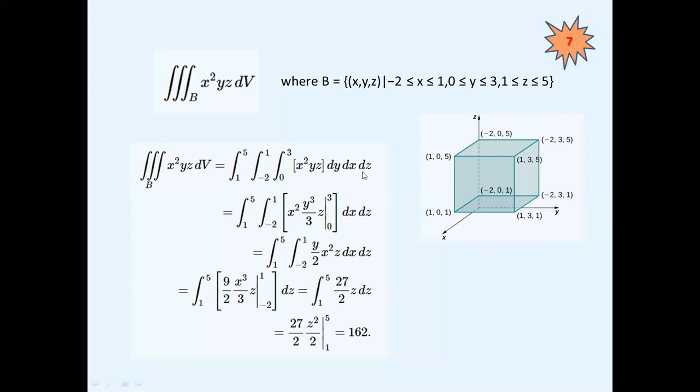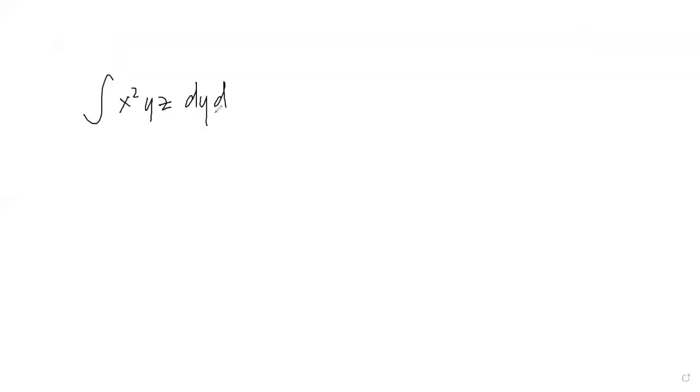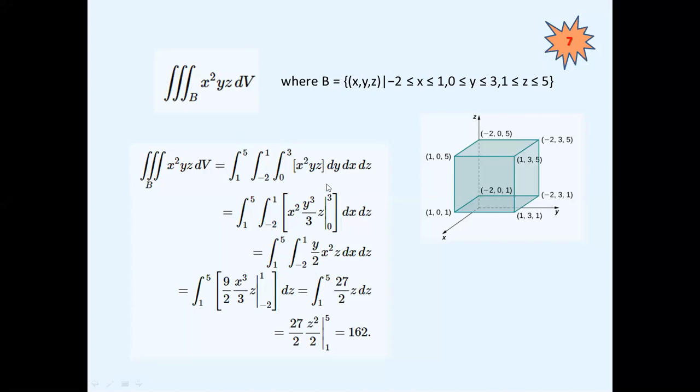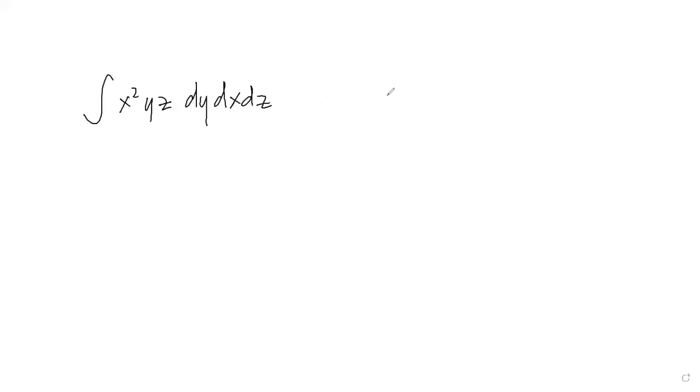I'm a very forgetful person. dy dx dz, and then we're going to integrate from 0 to 3. I'll write the other integrals later.